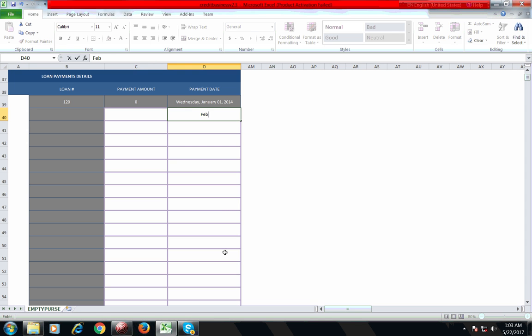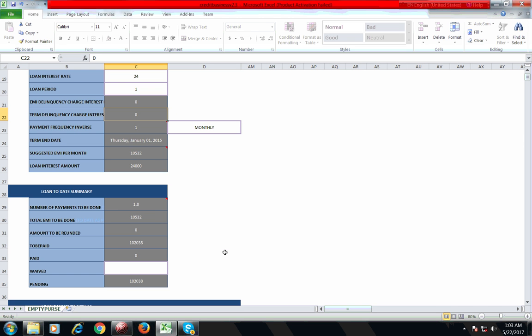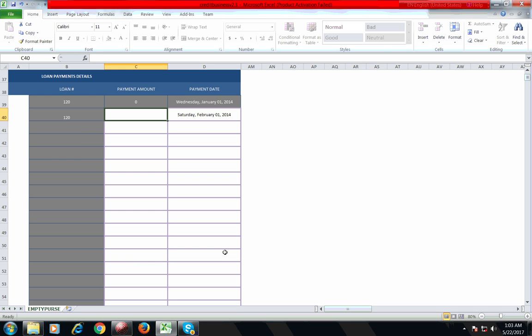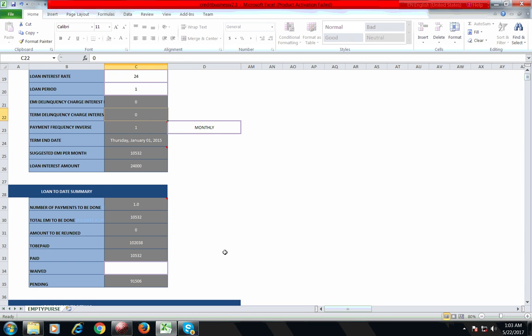First you provide the date on which he makes a payment, and let's say you make a payment of 10,532. So far so good. So here you see it says the pending amount is now 91,506.